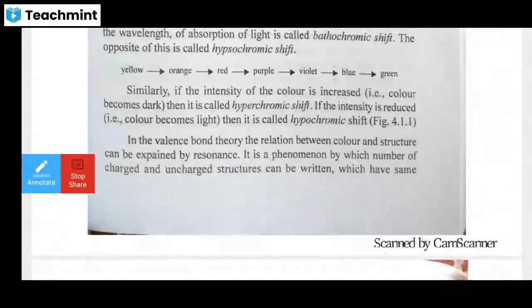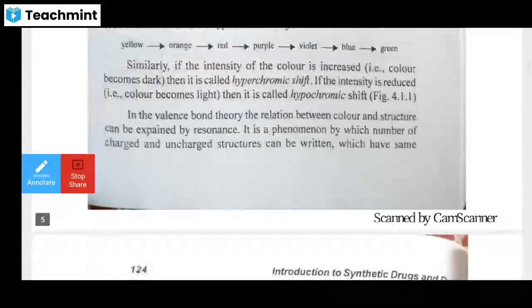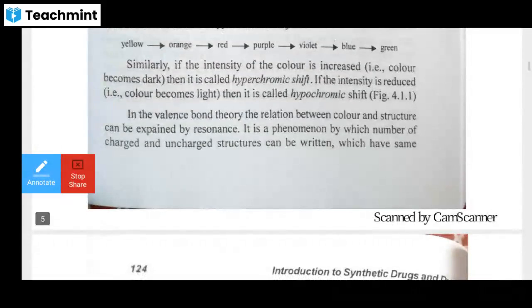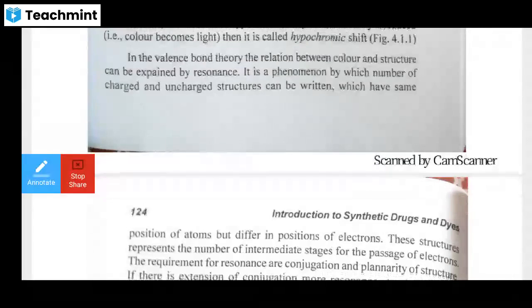Similarly, if the intensity of the color increases, that is the color becomes dark, then it is called a hyperchromic shift. And if the intensity is reduced, it is called a hypochromic shift. So these are the shifts which indicate the color intensity and the wavelength. Wavelength increases is bathochromic, wavelength decreases is hypsochromic, intensity increases is hyperchromic, intensity decreases is hypochromic.